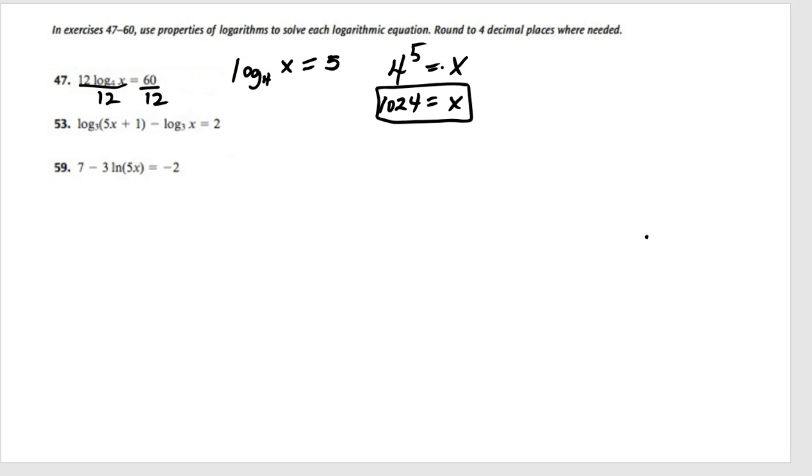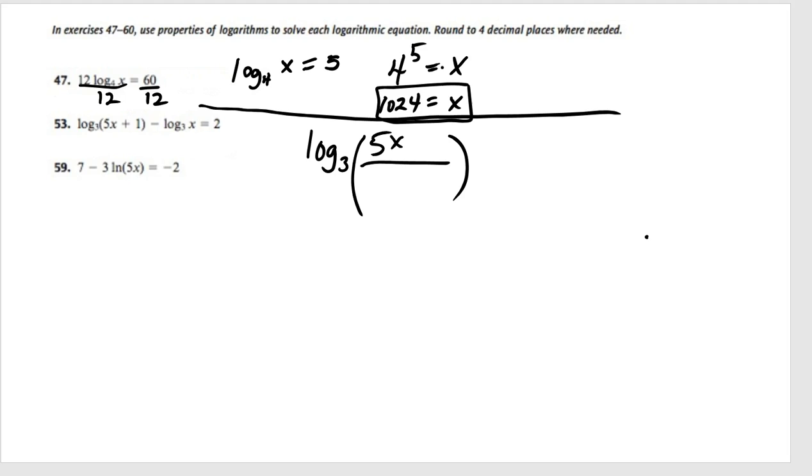All right, let's look at problem number 53. So here we go. We know that this is a quotient problem because it has subtraction. So it's log base 3, and they're both the same base. I'm going to say 5x plus 1 over x. So let's rewrite this as an exponential. So it's going to be base 3, exponent 2 is equal to 5x plus 1 over x.